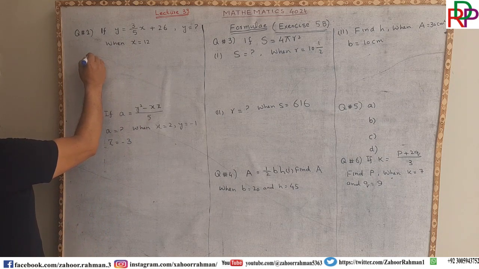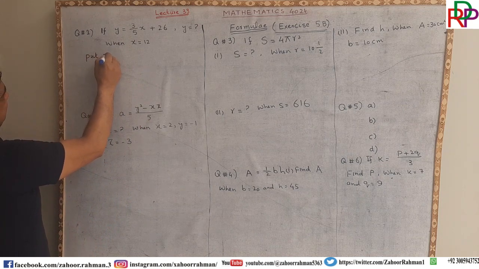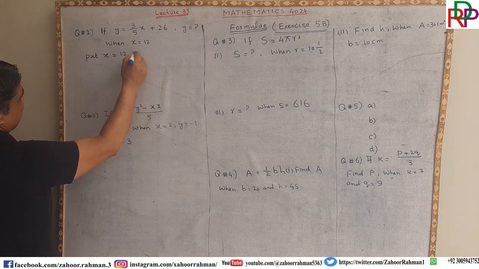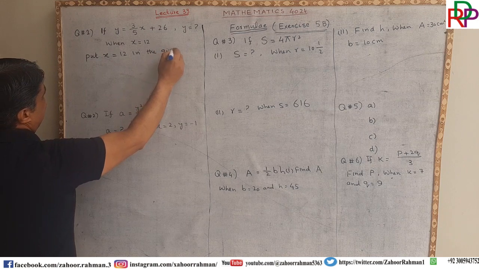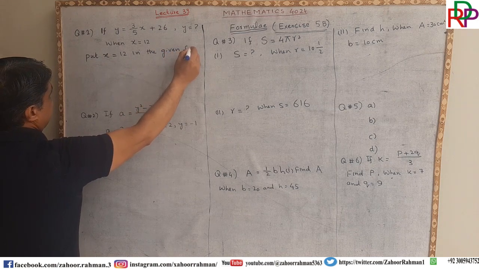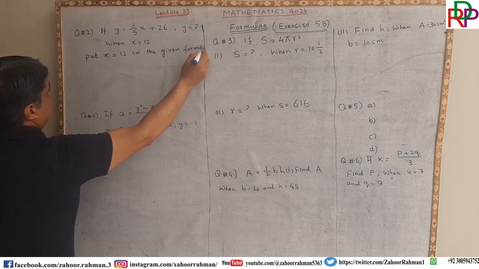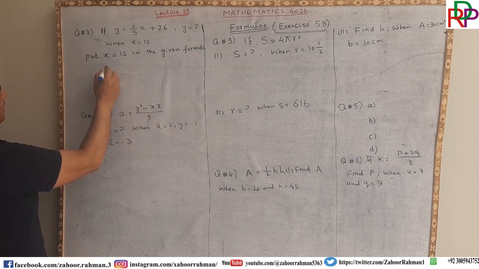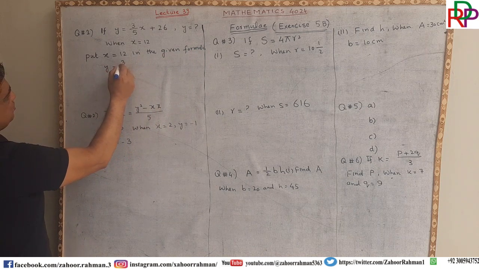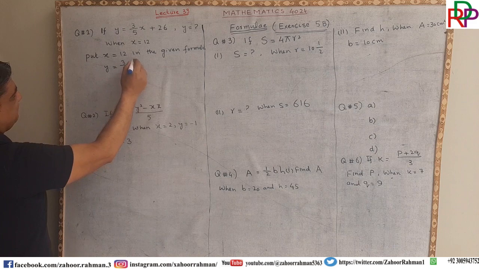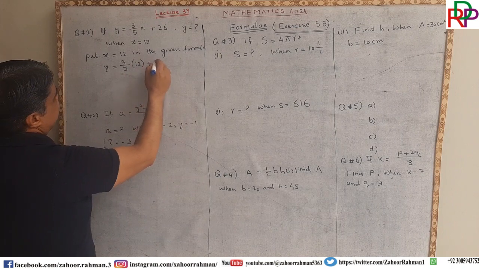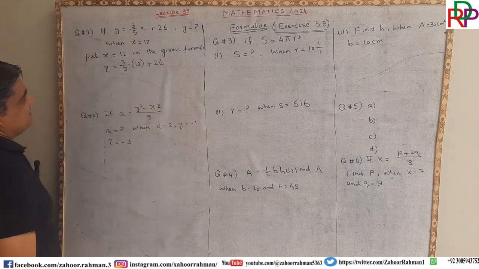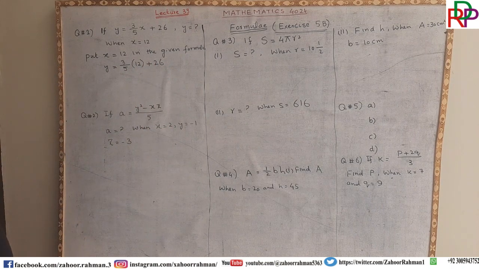So we have to put x is equal to 12 in the given formula. Ladies and gentlemen, y is equal to 3 over 5 and instead of this x we have to put 12, and this is 26 on its place.